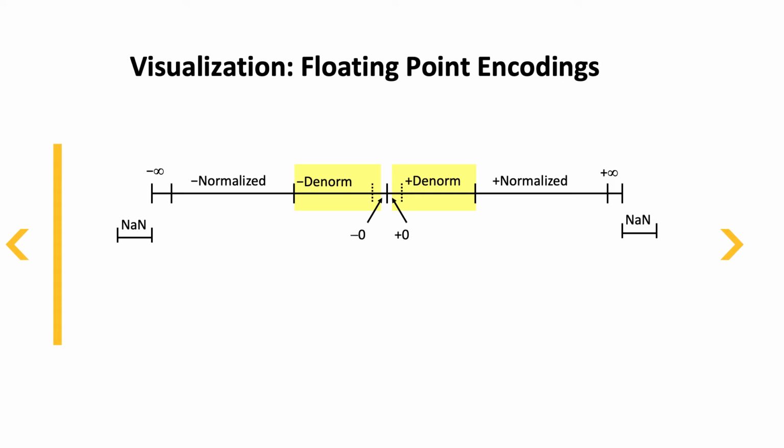So those are the ones that are closest to the zeros, to the origin of the number line. Then we move up into our normalized values, and finally we hit our infinities on either side. And then somewhere out there, we have our not-a-number values, which is, again, what happens when we try to represent imaginary numbers or something along those lines.